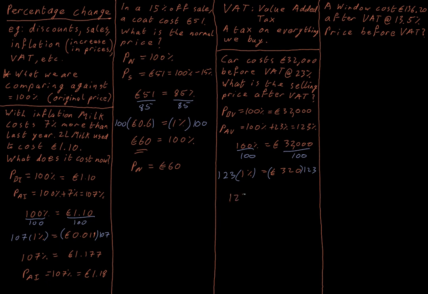So I get 123%. My price after VAT is going to be 39,360, and that should be euro. So our price after VAT is our 123% is our 39,360.